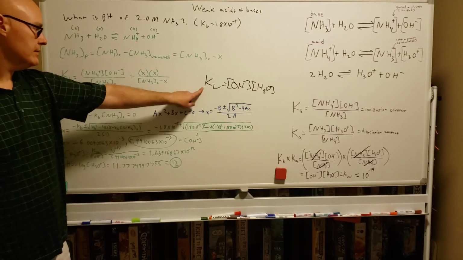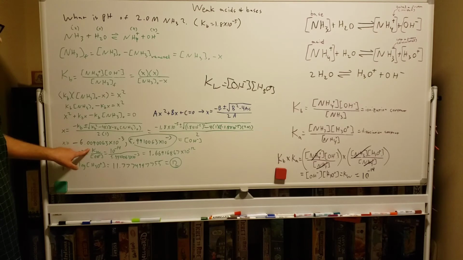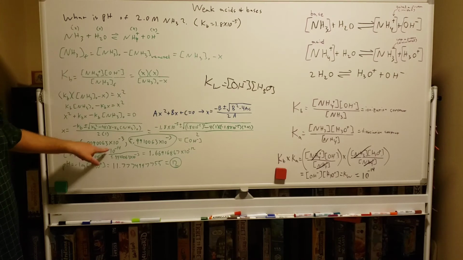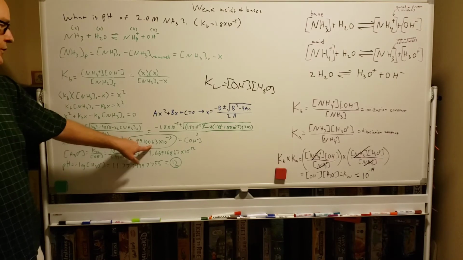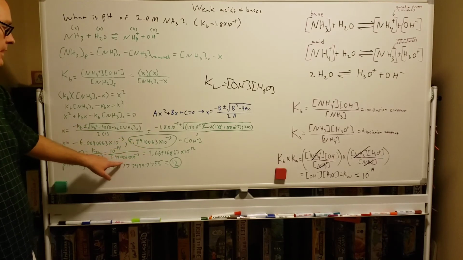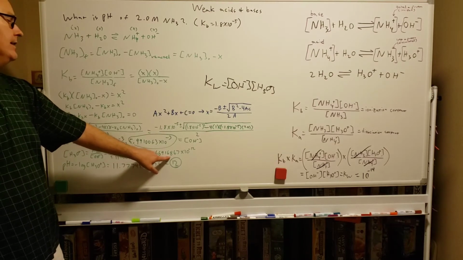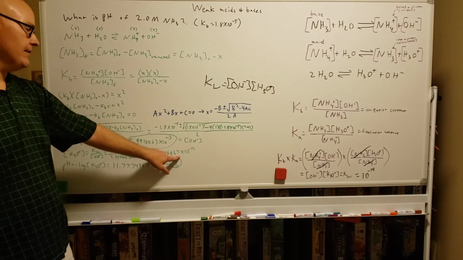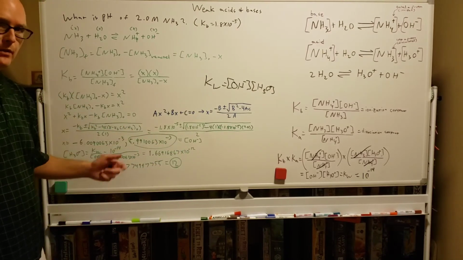Rearranging this equation, I end up with the concentration of hydronium equal to the autoionization constant of water divided by the concentration of the hydroxide. 10 to the minus 14, that's the autoionization constant of water, divided by the answer we got here, gives me 1.66916867 times 10 to the minus 12. That is moles per liter.